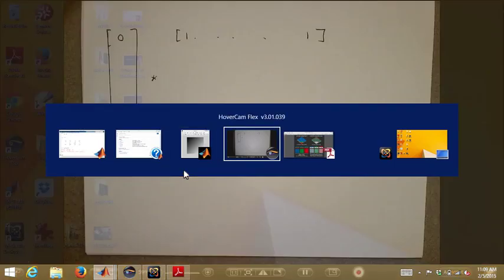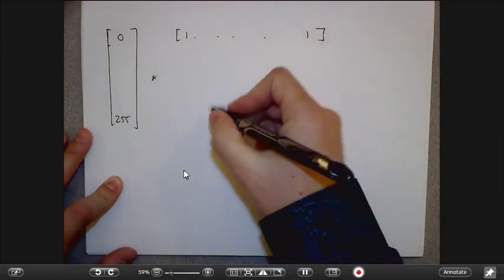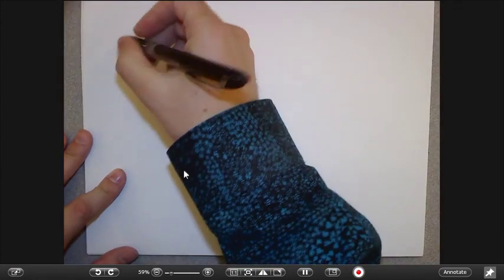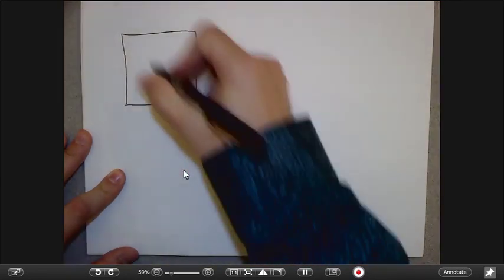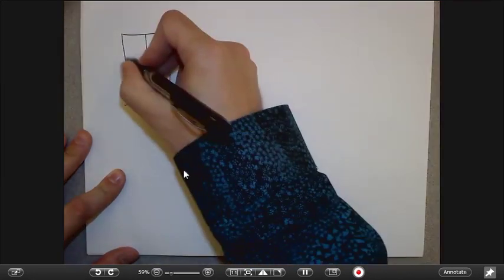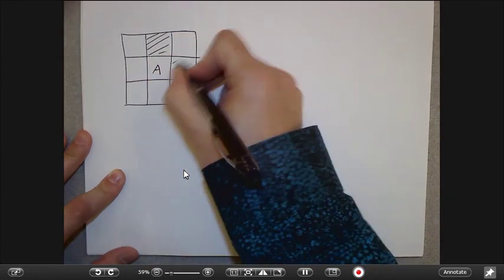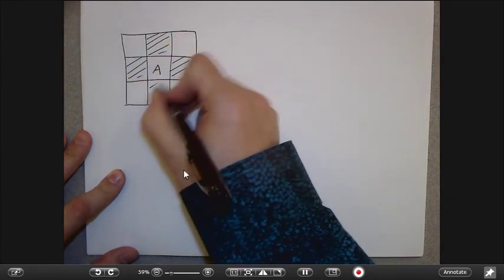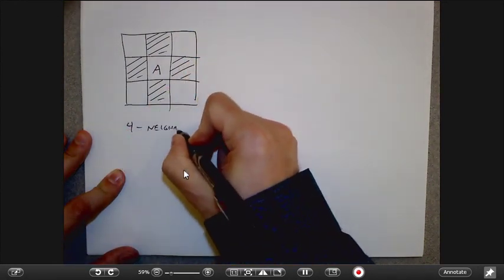Just a couple other miscellaneous things while we're talking. We're definitely going to talk a lot about pixel processing in the coming lectures. And so one phrase that we're going to use sometimes is the four neighbors of A. So if this is A, then the pixels that are directly adjacent to it, we call these four neighbors.